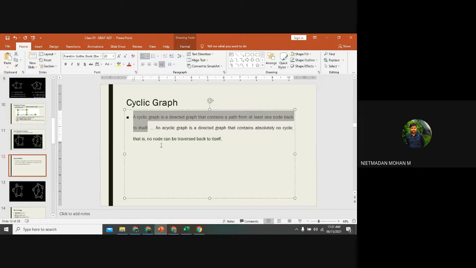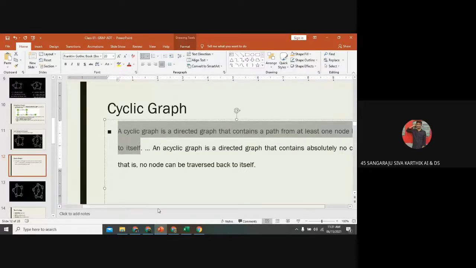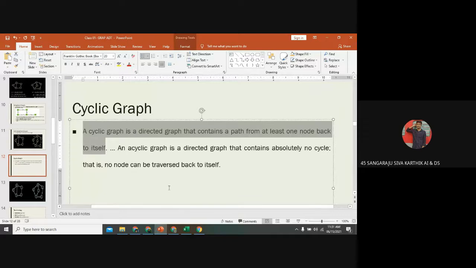If anyone is clear, you can unmute yourself and give the answer for this one-line definition. So that means from any one node, the direction comes back to it. A cyclic graph is a directed graph, as I mentioned, right? That contains a path from at least one node back to itself. I'll show you an example.